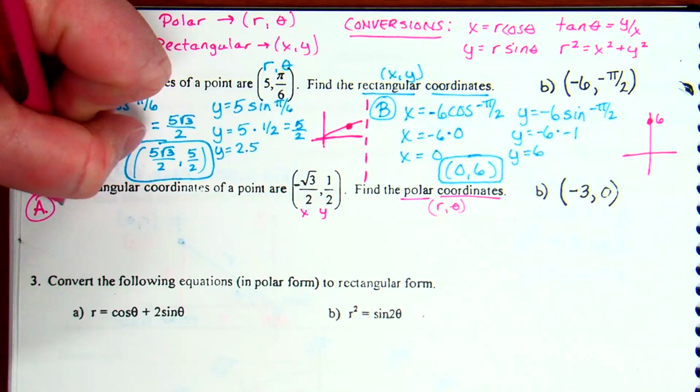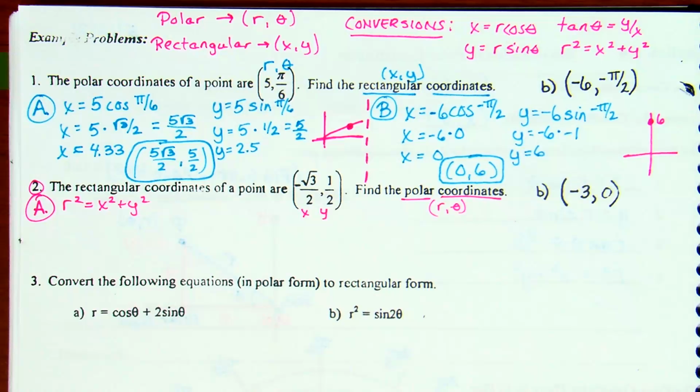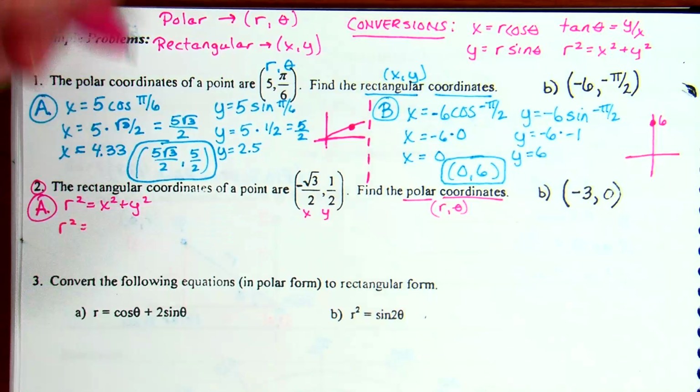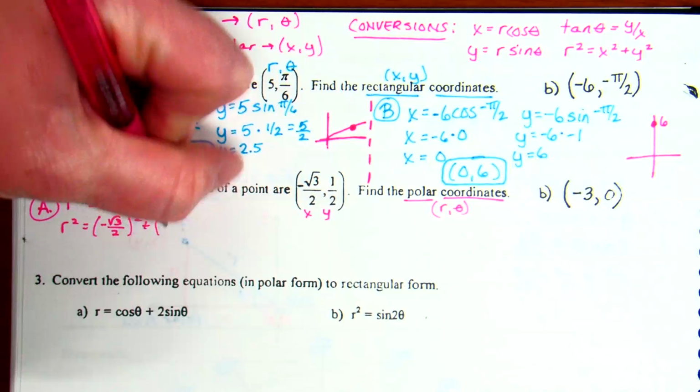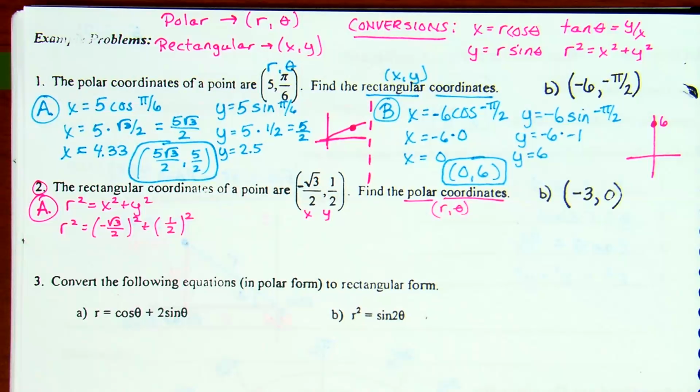If we're looking at r squared equals x squared plus y squared, fill in your x and y values, right? So x is going to be negative square root of 3 over 2, squared, plus y is 1/2, so 1/2 squared.